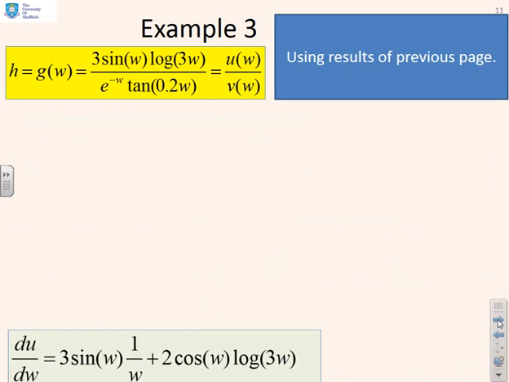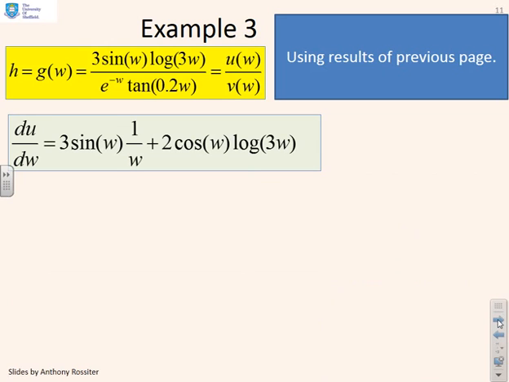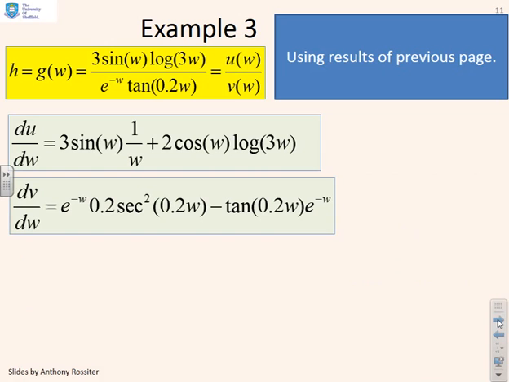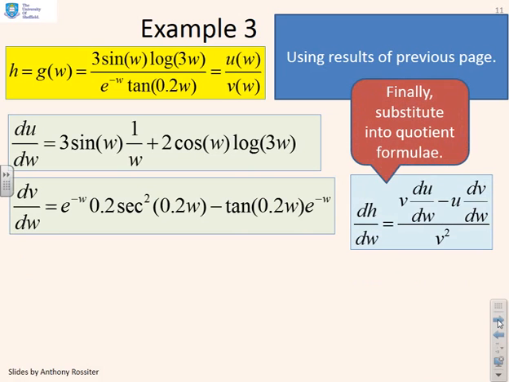So now, let's put all those results together. From the previous page, that was du/dw, and that was dv/dw. So now all I need to do is plug those in with the quotient rule. There's the quotient rule in order to find the answer. Now I may not have space to write this in full, but we'll illustrate what we've got. So we've got dh/dw, and what we're going to do is say, first of all, what's v?